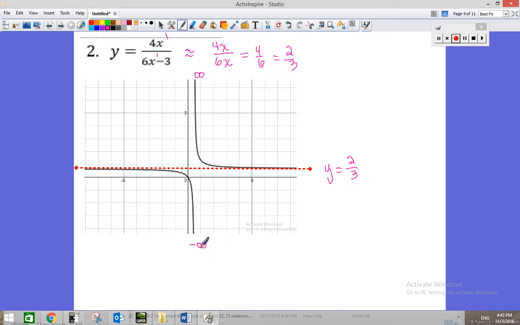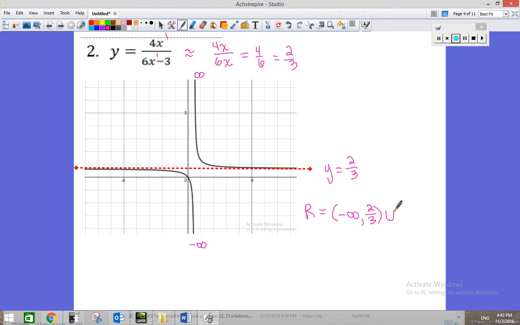So I know the range is coming from below, from negative infinity all the way up, and it's never touching, it never has an output of 2/3. No matter what x you plug into here, y is never going to equal 2/3. It just gets closer and closer to it because of that -3. It just prevents it from ever equaling 2/3.